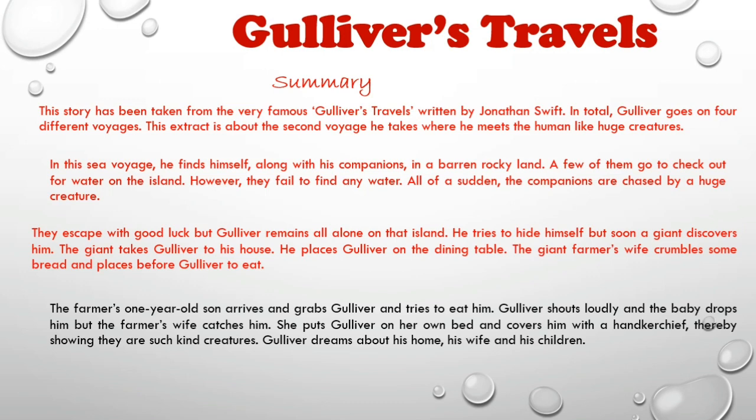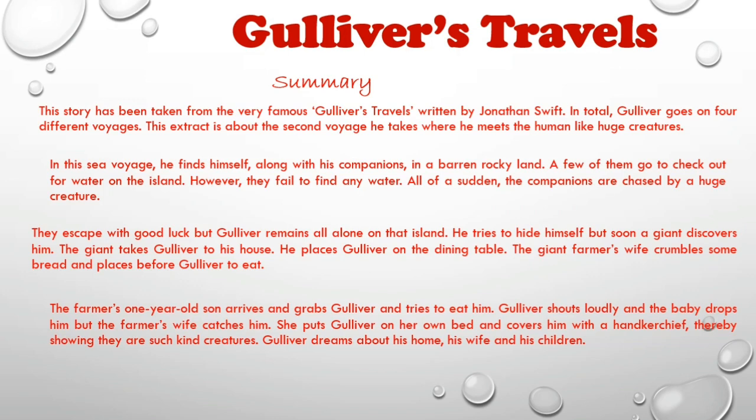The giant takes Gulliver to his house. He places Gulliver on the dining table. The giant farmer's wife crumbles some bread and places it before Gulliver to eat. The farmer's 1-year-old son arrives and grabs Gulliver and tries to eat him.